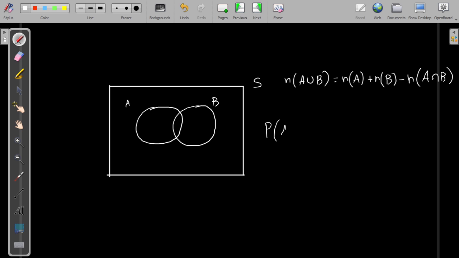So the probability of A union B will be the probability of A plus the probability of B minus the probability of A intersection B.